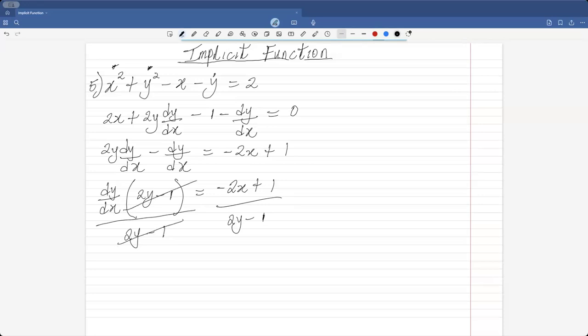Then we have some things to cancel out. Now, our final answer is dy/dx equals negative 2x plus 1 over 2y minus 1. And there we have it. That is our final answer right there.